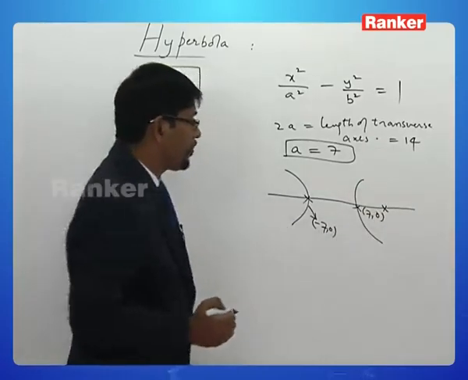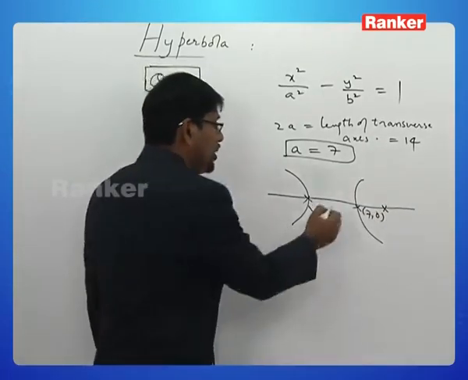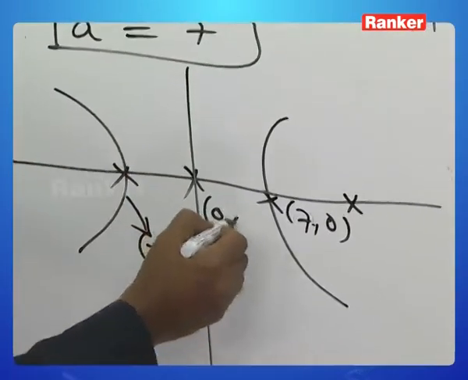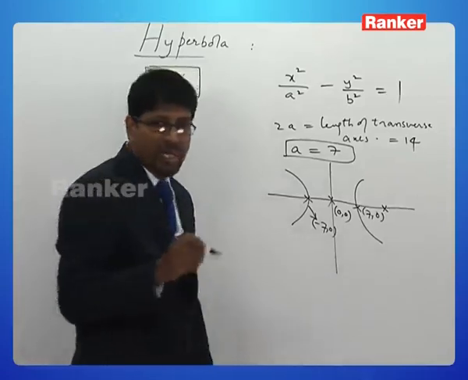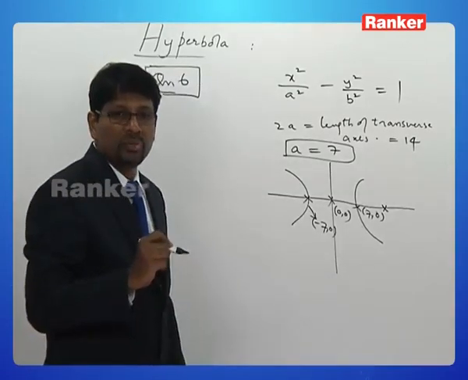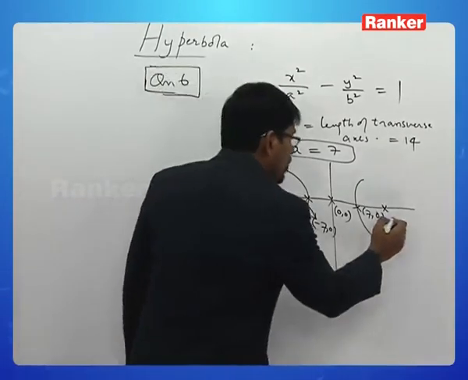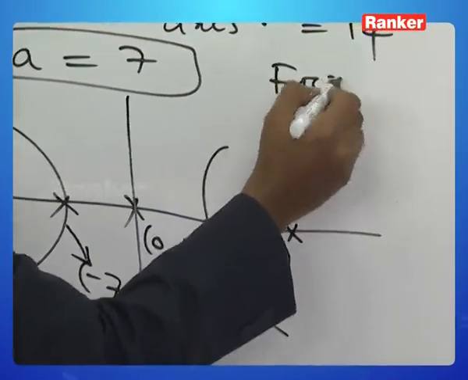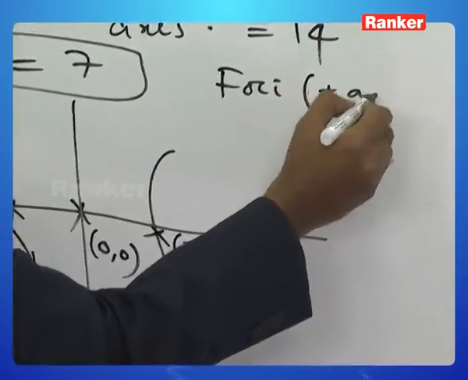And now he says that the center is the origin here. The vertex bisects the distance between the center and the focus. So we know that the foci are plus and minus AE comma 0.